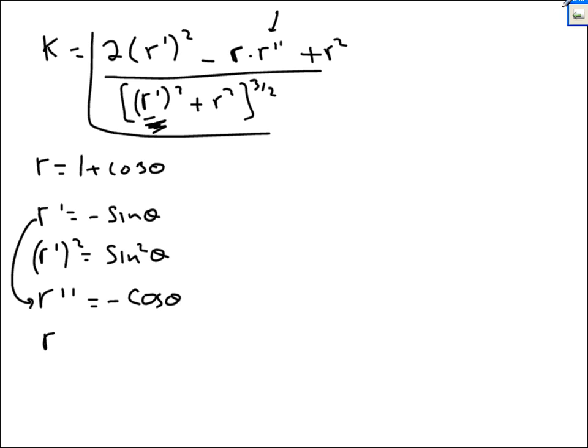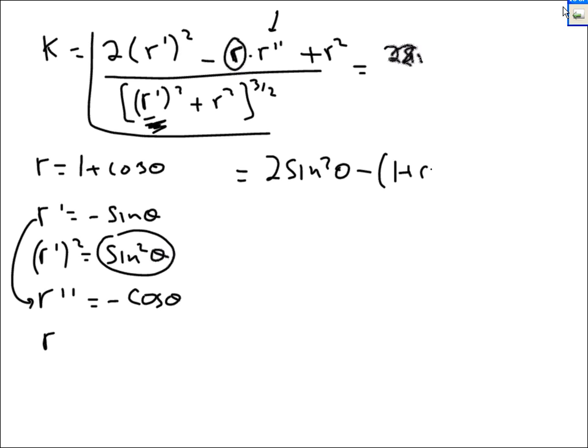Okay. So you get 2 times r prime squared, you get 2 times that. I need more space. You get 2 times sine squared theta minus r, which is 1 plus cosine theta, times r double prime, which is negative, so I change the sign, negative the cosine of theta, plus r squared.